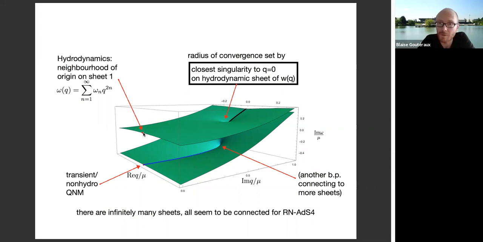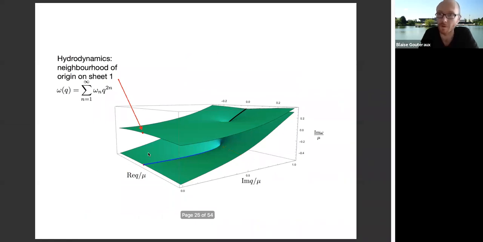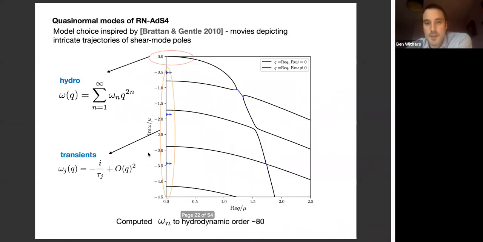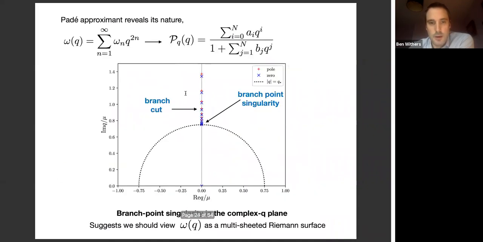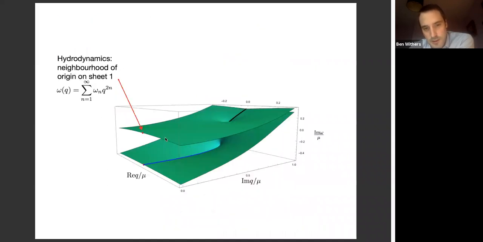On your previous plot, the 2D plot, the one where you were referring to Danny and Simon. Oh, right, but this is real Q. Yeah, I'm going in the other direction. So we're going into imaginary Q. So that would be in this direction over here. Yes. So if I were to go along this surface out of the plot, you would see another branch point here along the imaginary Q axis.